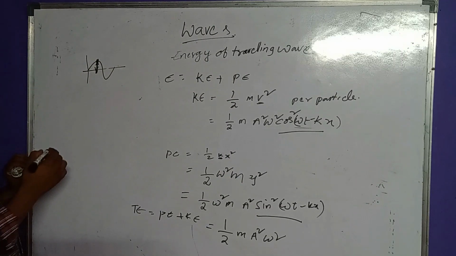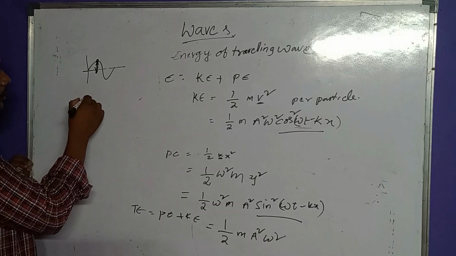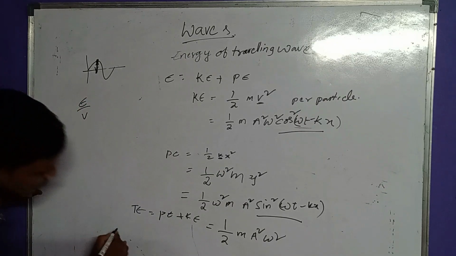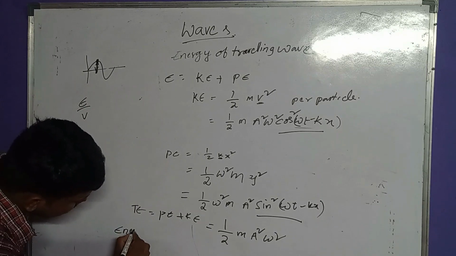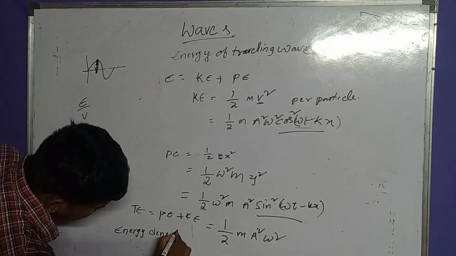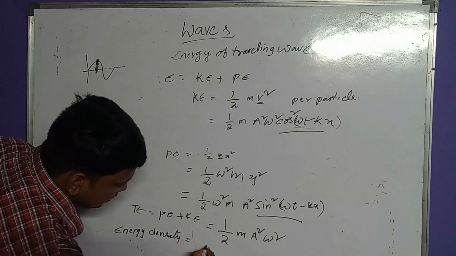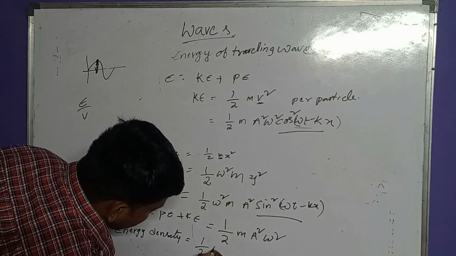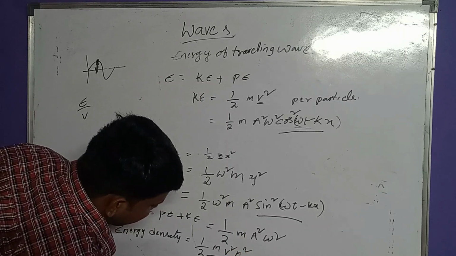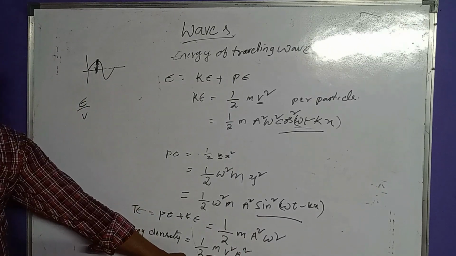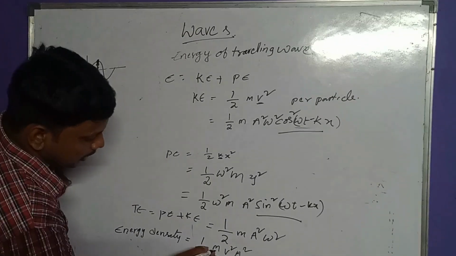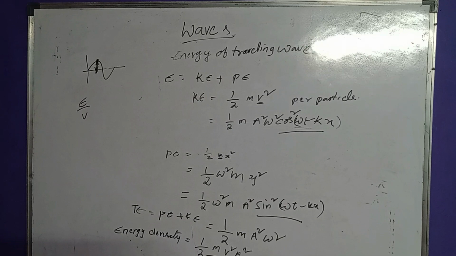For energy density, which means energy by volume, right? Energy density is equal to half m a square omega square by V. For a single particle, m by V is equal to rho.